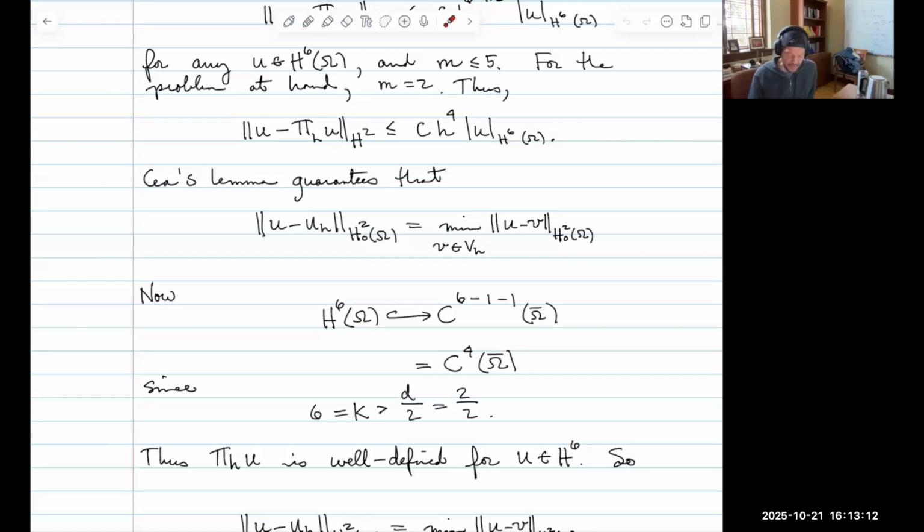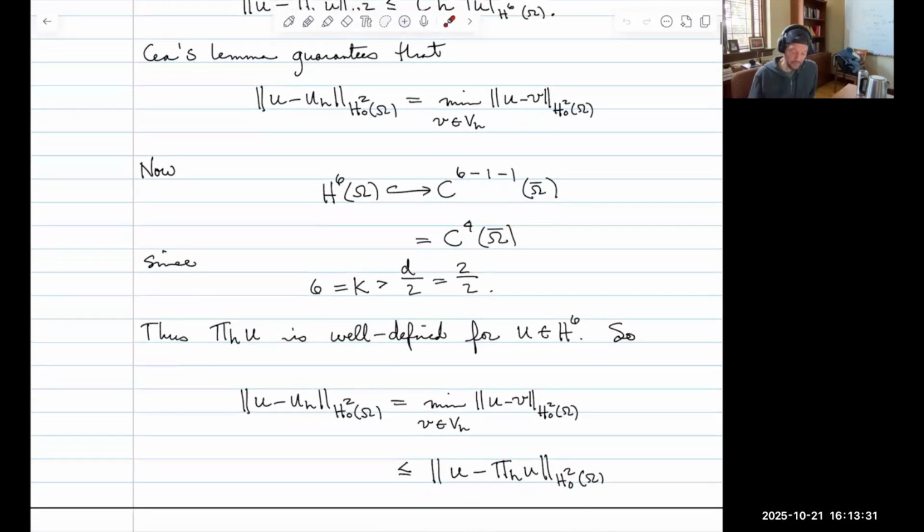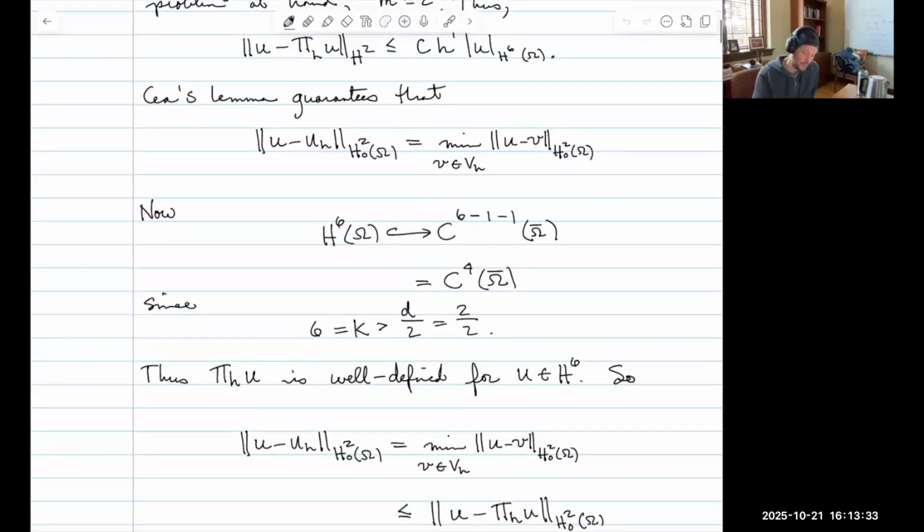Now, that says that the finite element approximation is still the best approximation that you can possibly get when measuring this way. Now, H6 embeds into C4, so we're very safe in assuming that our function is C2. So this is a result of a Sobolev embedding. So let's write that there just so we have it.